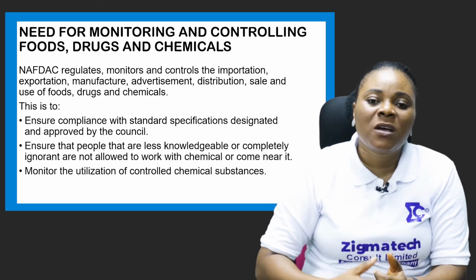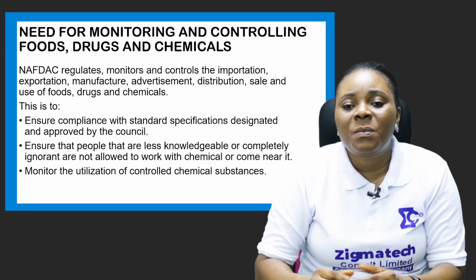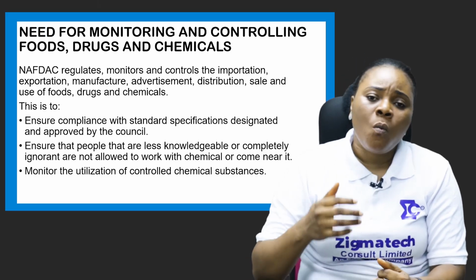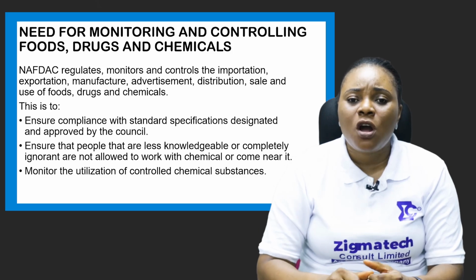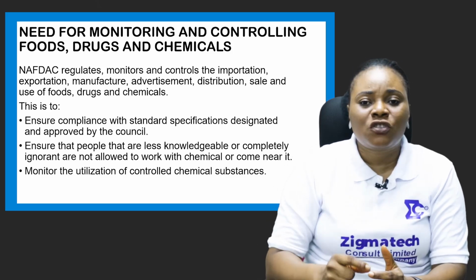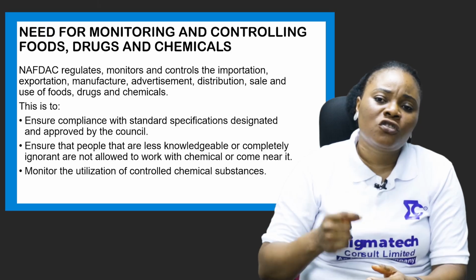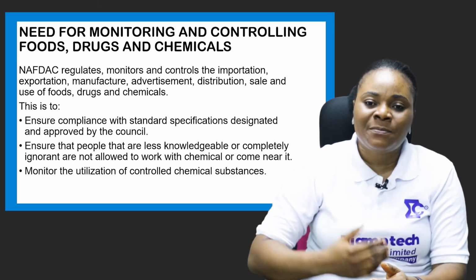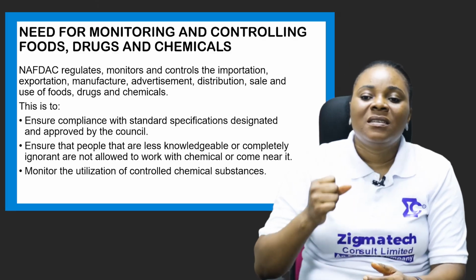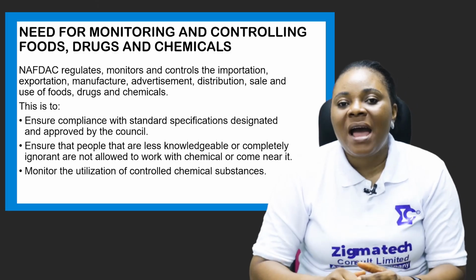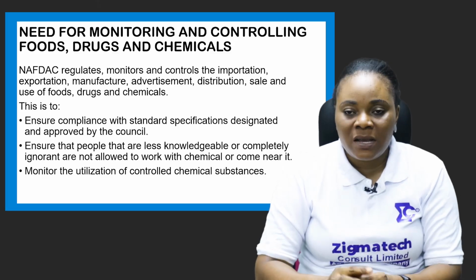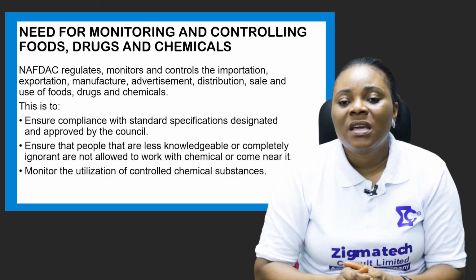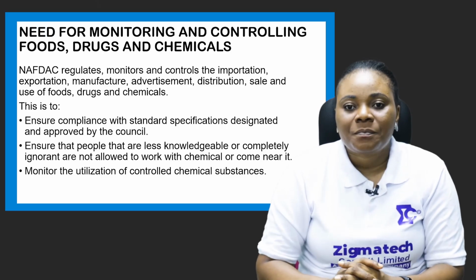An approval must be given before your company or your industry can start operation. So what NAFDAC does is to ensure that every factory or company where food, drugs, and chemicals are being produced complies with the standard specifications designated and approved by NAFDAC as a council. They ensure that they obey all the stated specifications given by them.